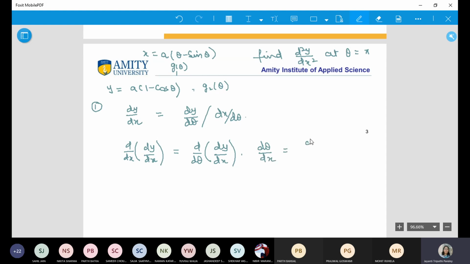Or you can write it like this. This is the system that I want you to remember when you are taking the second derivative. Second derivative will not come from the second derivative of x and second derivative of y. You will differentiate what you have got as first derivative with respect to x, and then you change the variable like this. Is this concept understood?